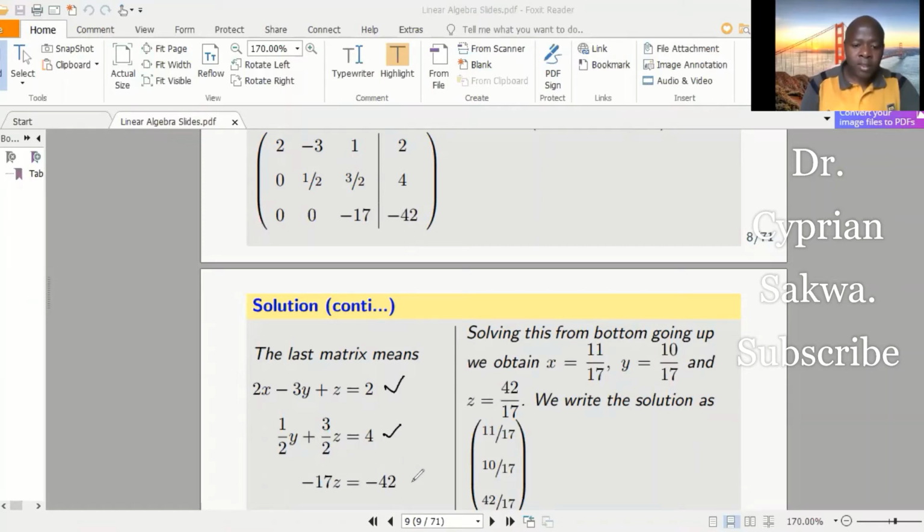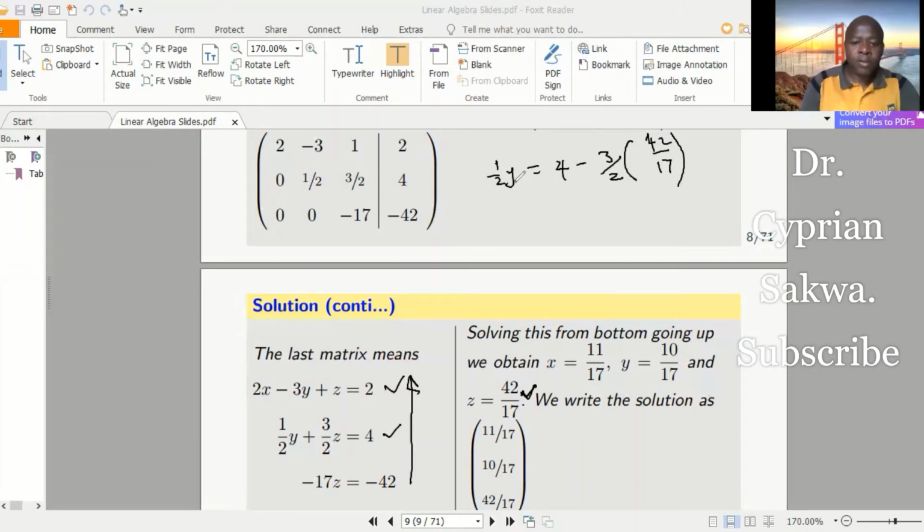Now, solving from the bottom going up, this last equation tells us that z is 42 over 17. Proceed with this other equation, and what we have is a half y equals 4 minus 3 over 2z. But z is 42 over 17.